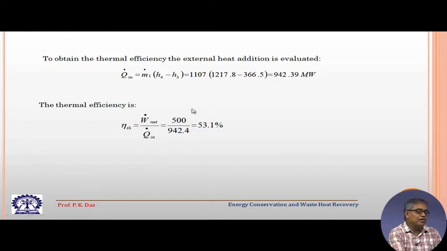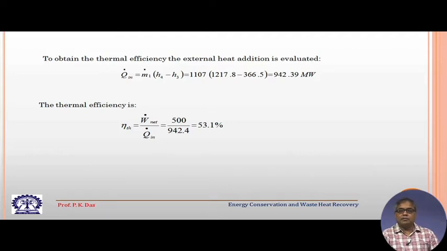We know what is the work done, that is 500 megawatt, and then with this we could get the efficiency of the combined cycle, that is 53.1%.